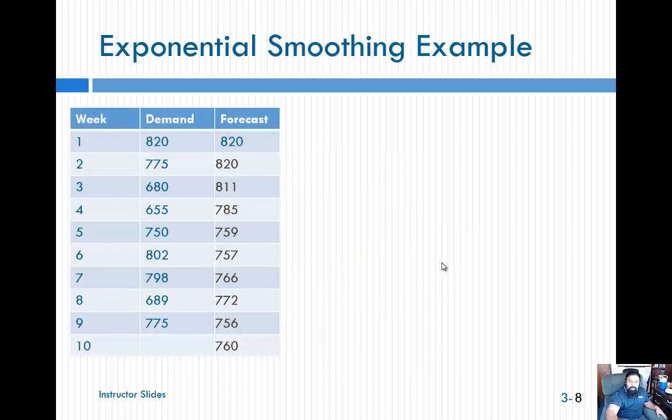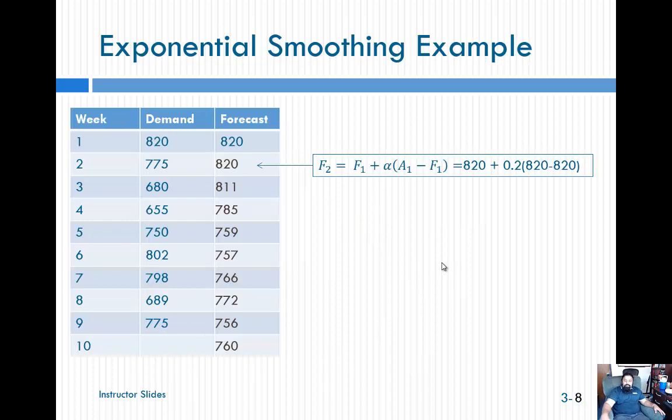Let us look at the example. Here the forecast F2 is F1 plus alpha times (A1 minus F1). F1 is 820, plus 0.2 times (820 minus 820). So that is how you got 820.